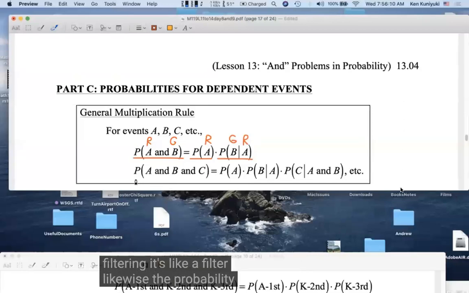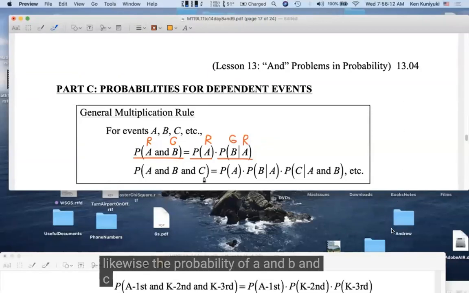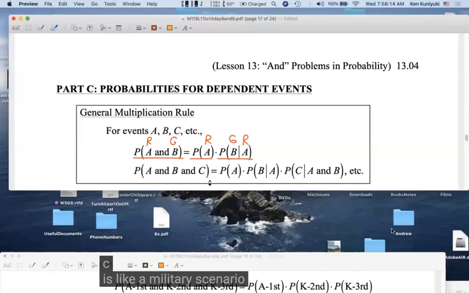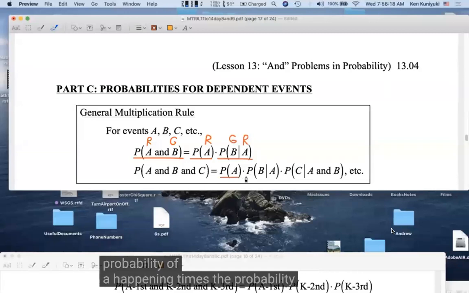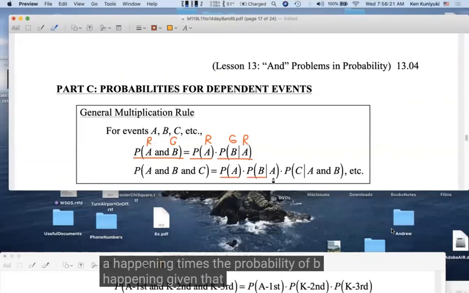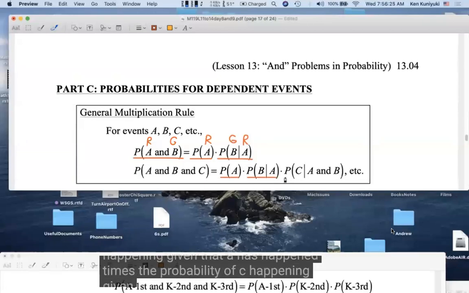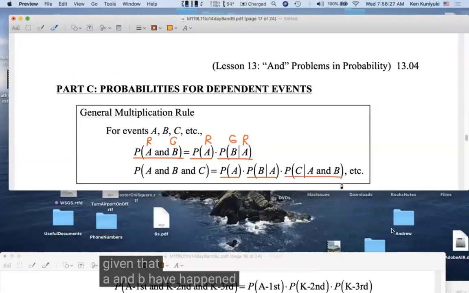Likewise, the probability of A and B and C is like a military scenario. It's the probability of A happening times the probability of B happening, given that A has happened, times the probability of C happening, given that A and B have happened.